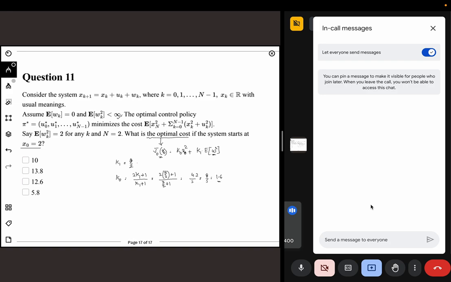I have k0, I have k1. All I have to do is substitute it in the equation. So I have J0 of x0 as k0 times x0 square plus k1 times, so 0.4 plus 3. I think I messed up some calculation.